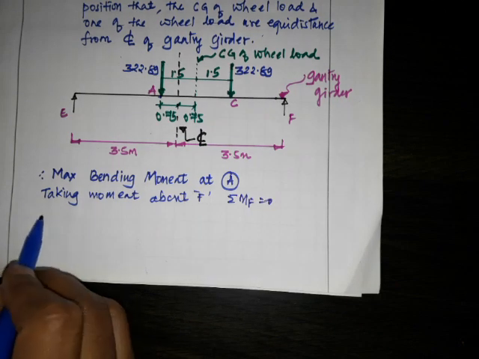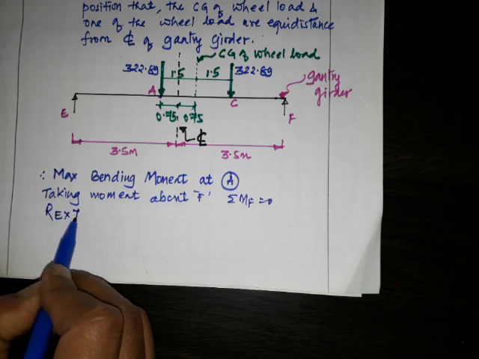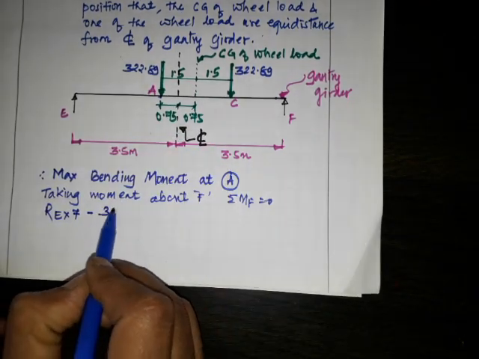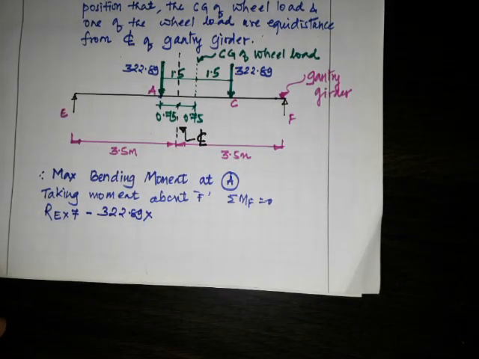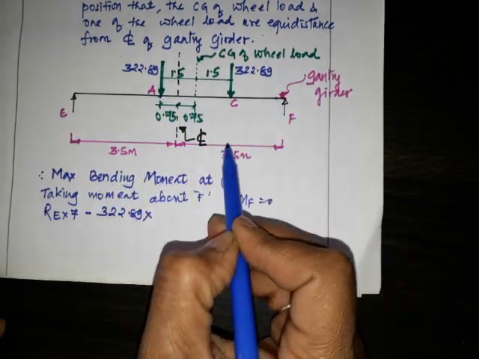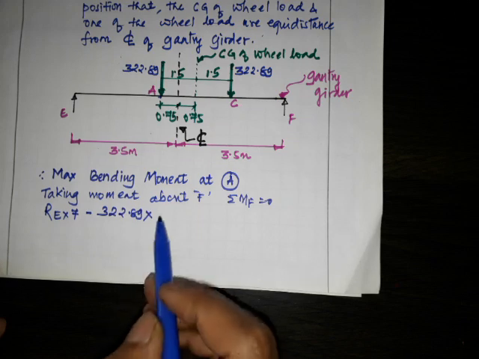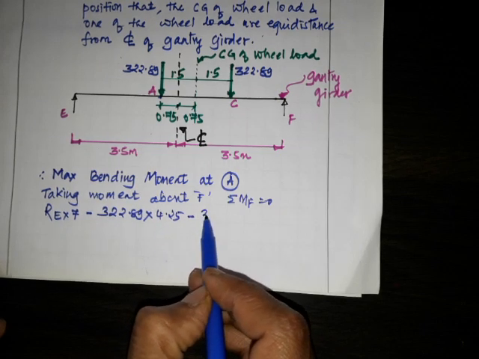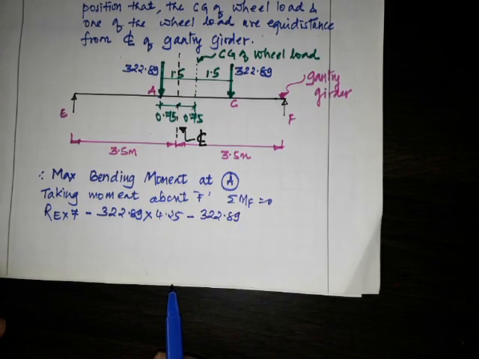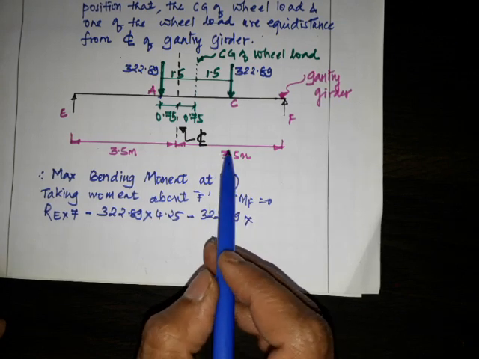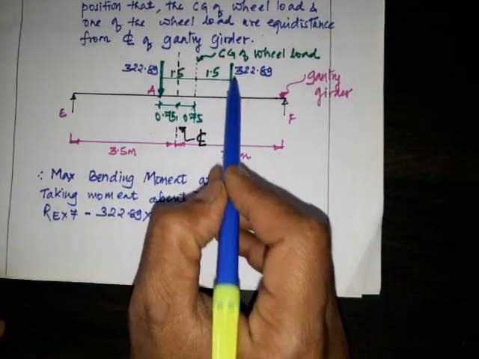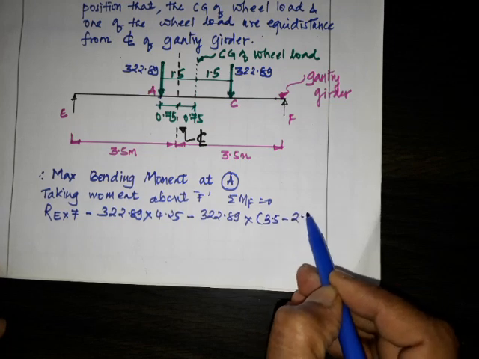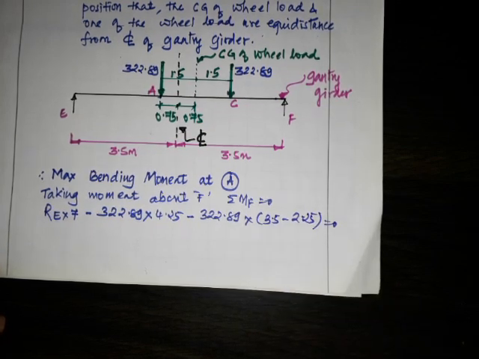So that's why here it is RE into 7 meter, RE into 7 minus 322.89 into this distance, which is 3.5 plus 0.75, so 4.25, minus 322.89 into, for the other load, 3.5 minus 2.25, is equal to 0.